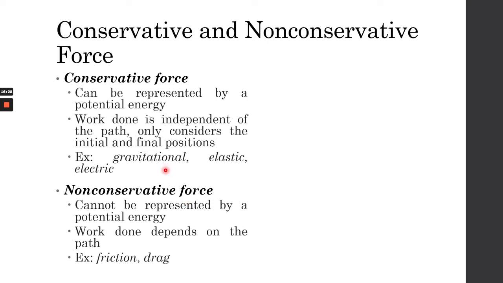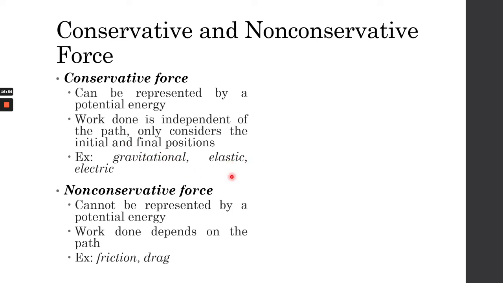So if you think about the height, that's more on the position. The higher you are, I think the lesser the gravitational force is. But what I'm trying to say is gravitational force is more on the position of the object.